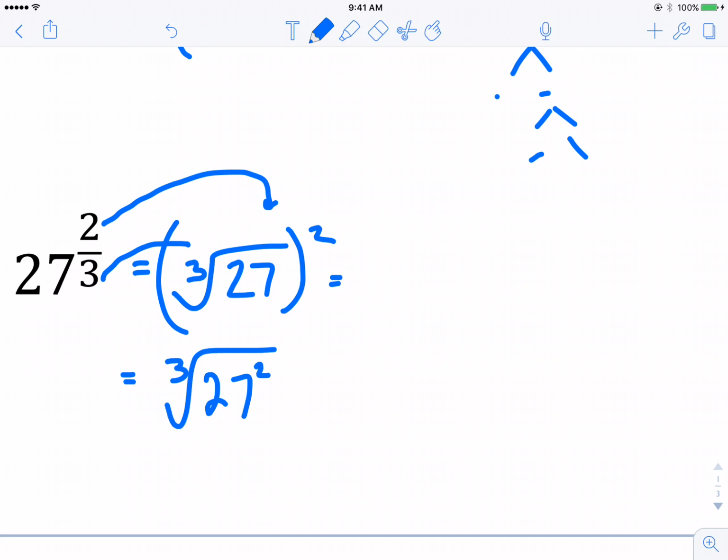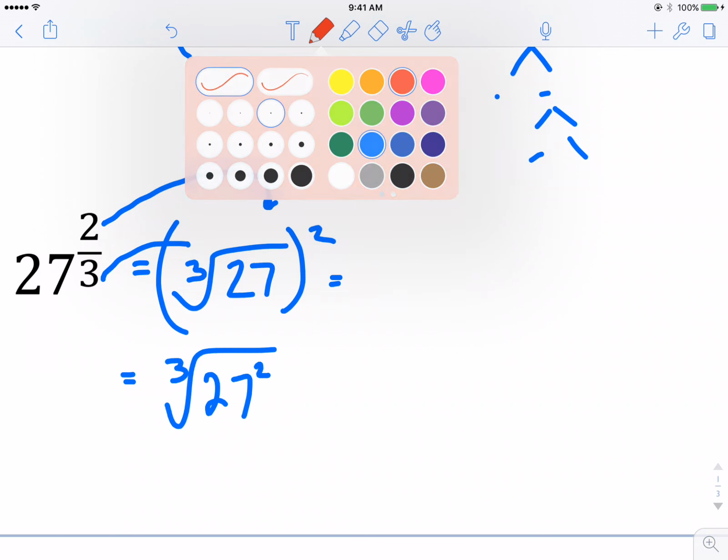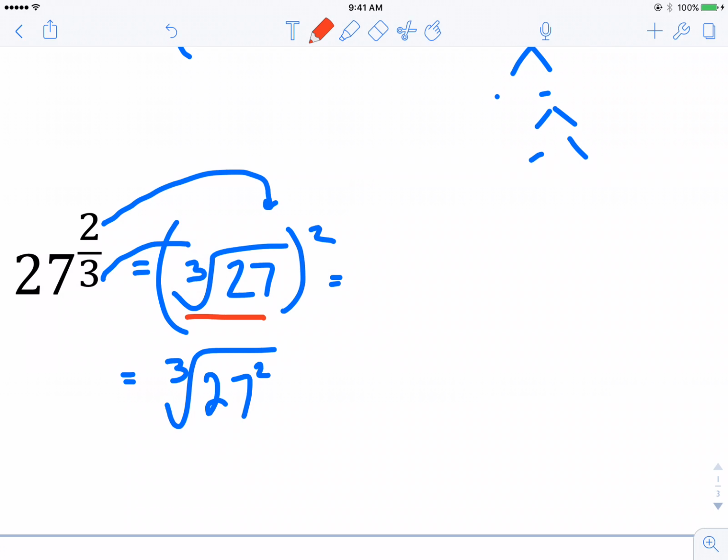Now, from here, you need to start thinking about where you want your end product to be. I don't like dealing with big numbers, so if I can keep my numbers small, I'm going to. Because I've done so many of these, I know that there is a nice even cube root of 27. So I'm going to try and find the cube root of 27 first and then square it.